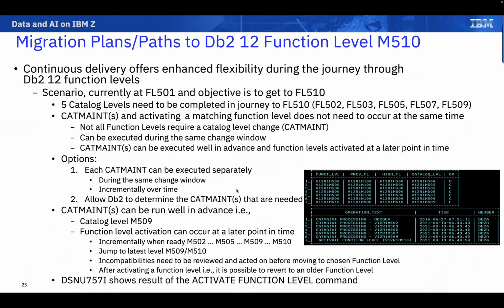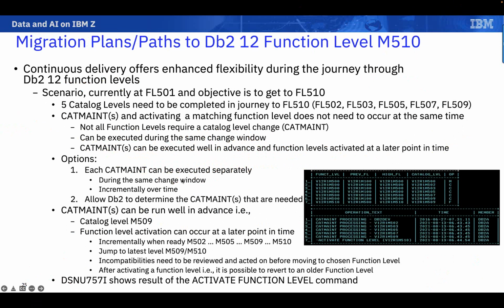You can jump up to 503, 505, 507, whatever, but you've done the heavy lifting of getting the catalog change and the CATMAINT done. So it gives you really a lot of flexibility. It gives you the ability, once you've got your arms around it, to decide how you want to go through it.